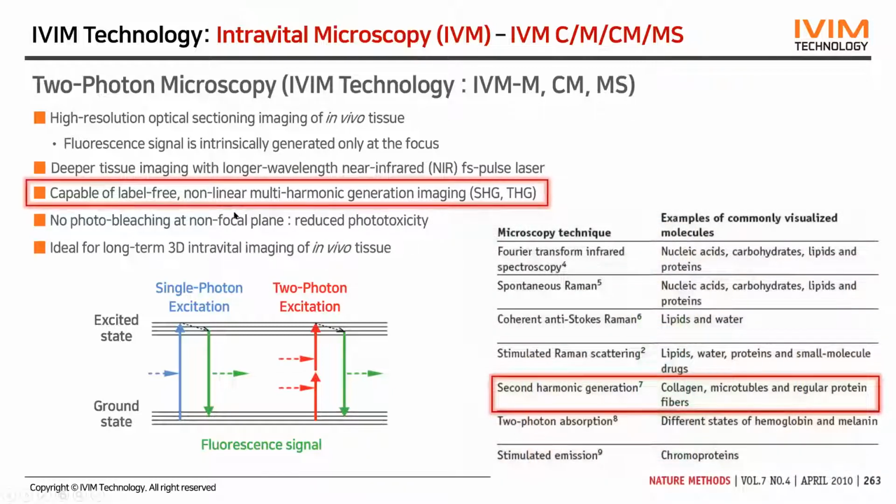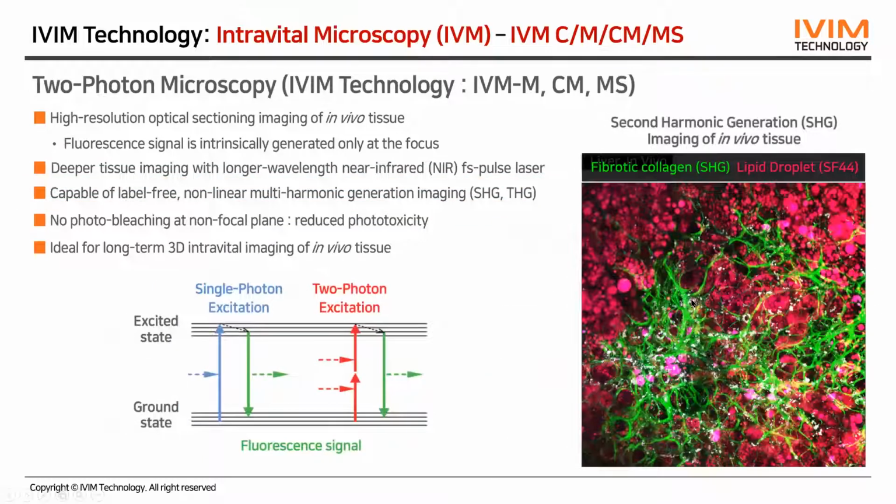It's also capable of label-free, non-linear multi-harmonic generation imaging, such as second harmonic generation, SHG. Second harmonic generation can be used to detect collagen or other regular protein fibers in biological tissue in live animal models. This capability is particularly useful to monitor fibrosis models.